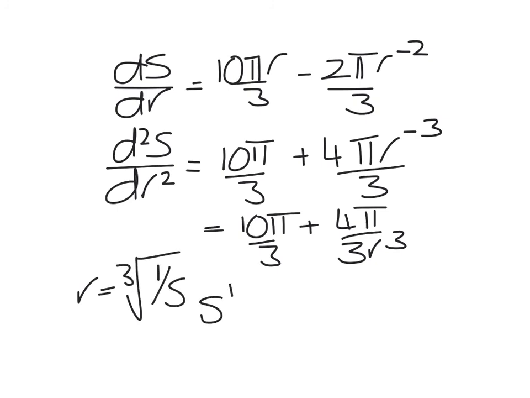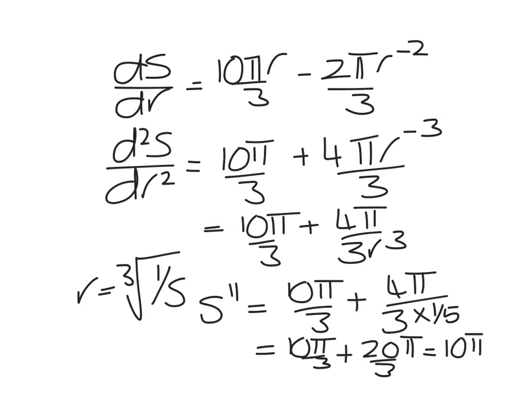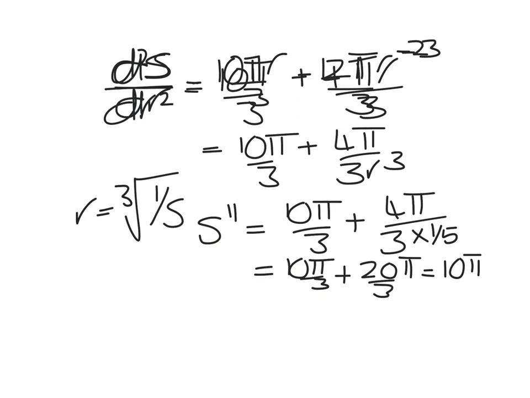So the second differential will be 10 pi over 3 plus 4 pi over 3 times 1/5, which is 10 pi over 3 plus 20 pi over 3, 30 pi over 3, 10 pi, and 10 pi is greater than 0, which means that we have a minimum.